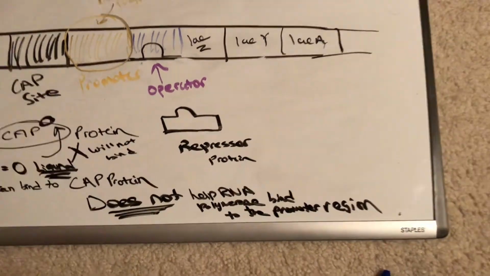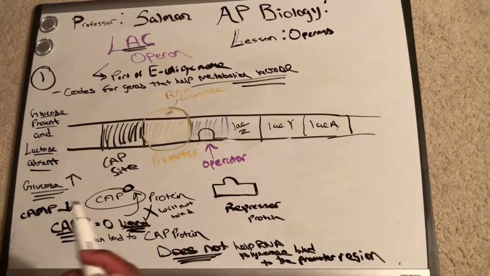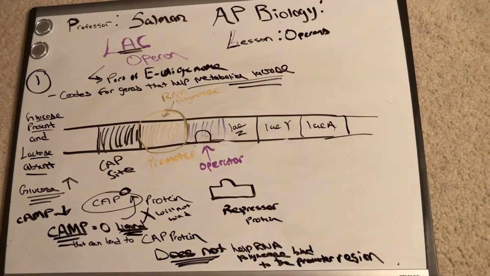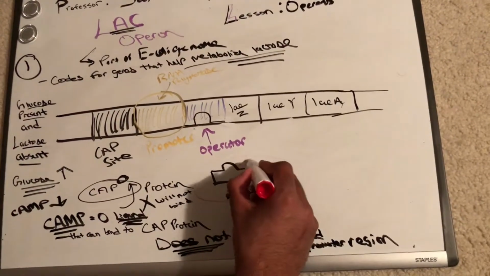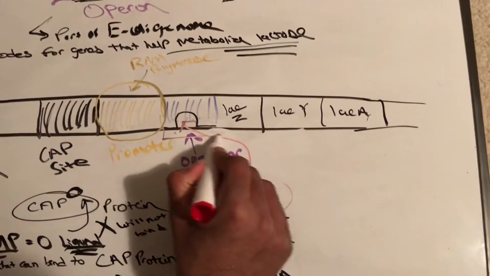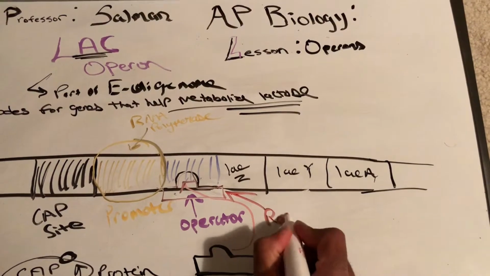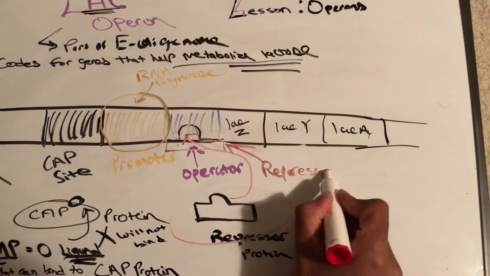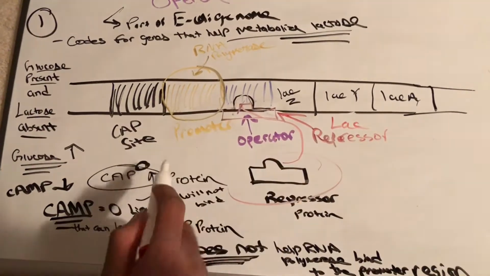And specifically in this situation, since we do not need to metabolize lactose because we don't have lactose, this repressor protein right here, you see the specific shape, it will be like a puzzle piece and go into here, and it'll look like this. So you'll have your repressor protein right here. In the lac operon, this repressor is called the lac repressor. It will bind to this operator region.